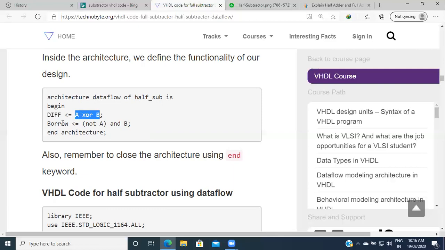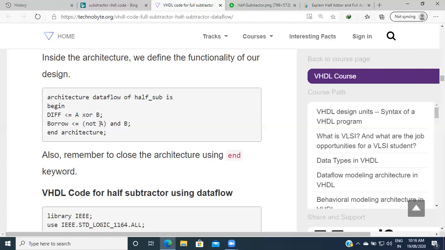so similarly for this borrow is nothing but when there is subtraction, here A value is greater and B value is less. We are subtracting A minus B. So here not A, or if the value of A is 1 and B is 0, at that time the difference is 1.